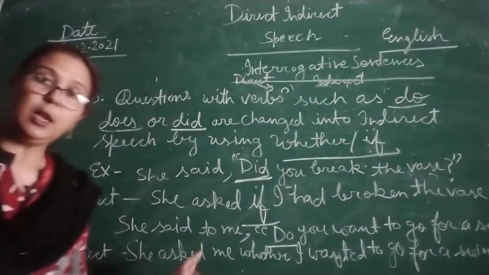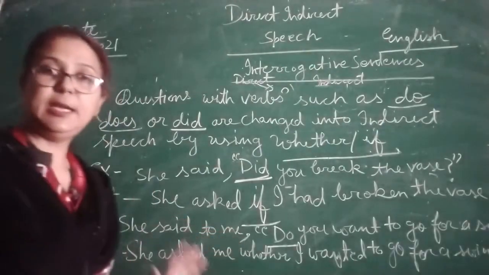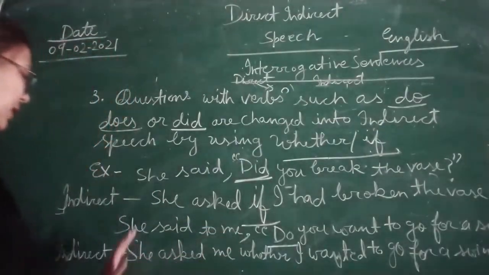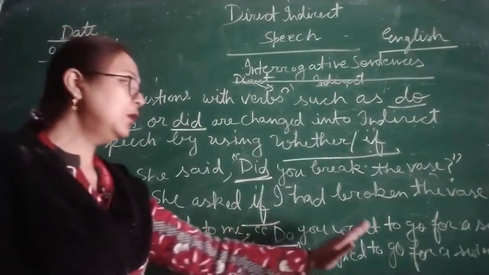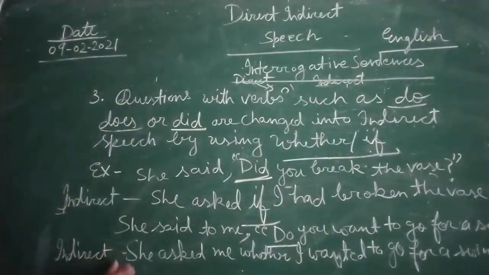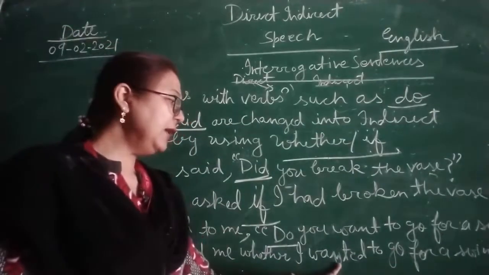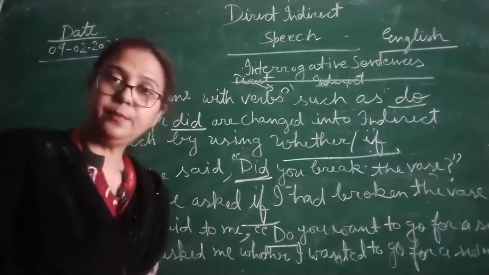Now here "do" is there, so we have used "whether" according to the sentence. We changed "She said to me, do you want to go for a swim?" into indirect speech: she asked me whether I wanted to go for a swim.